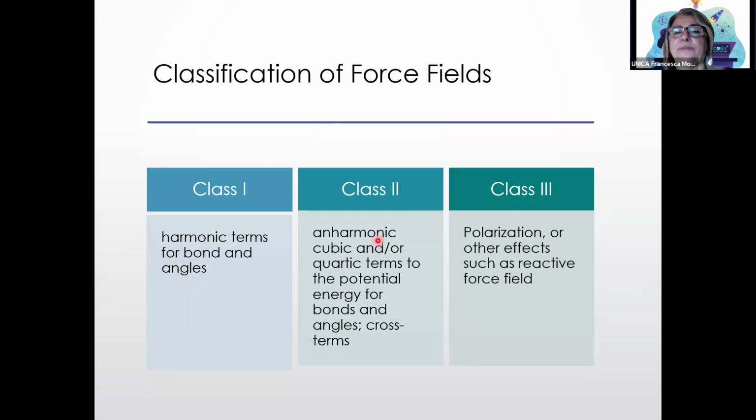Class 2 is the one that contains anharmonic cubic and quartic terms for the potential energy of bonds and angles, and cross terms. And class 3 is the class that contains terms for polarization or other effects, such as reactive force fields.